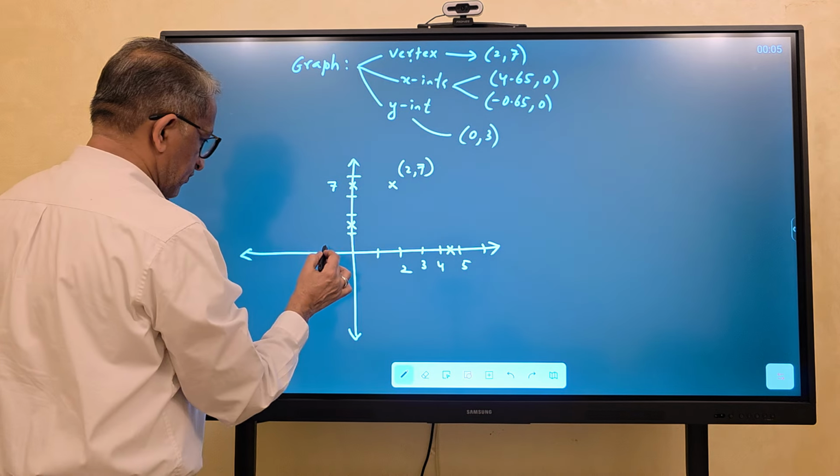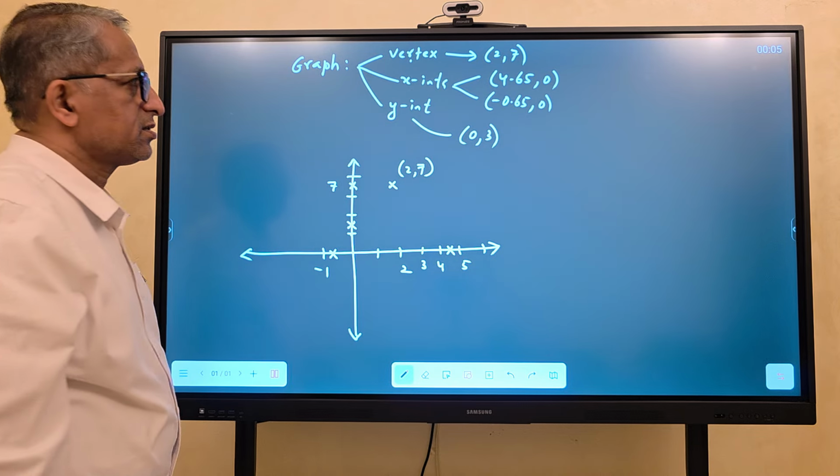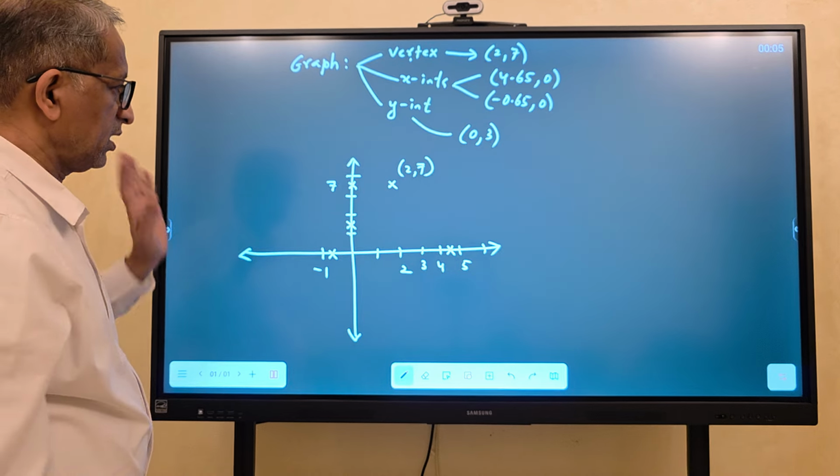Minus 0.65 is here, between minus 1 and 0, because it is on the left side.